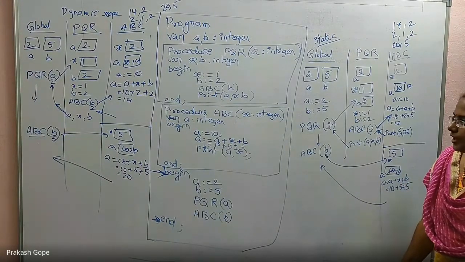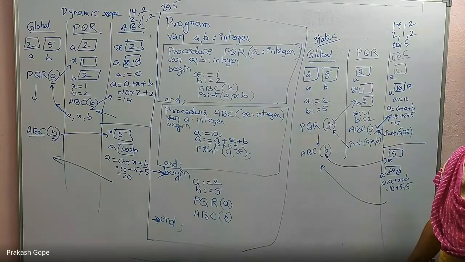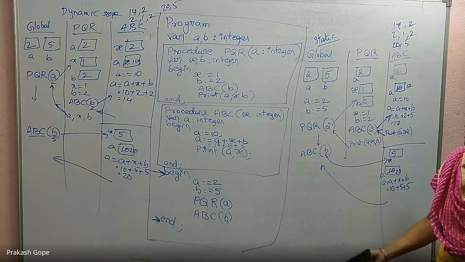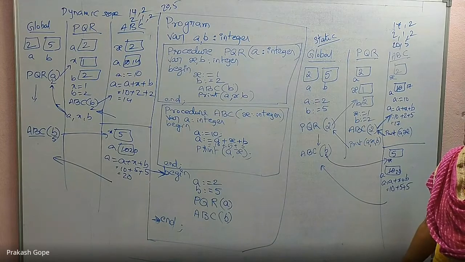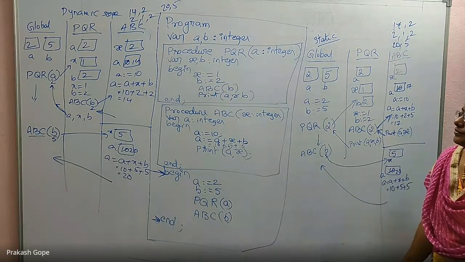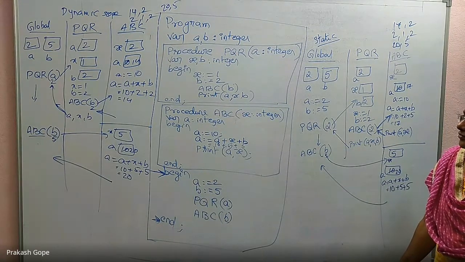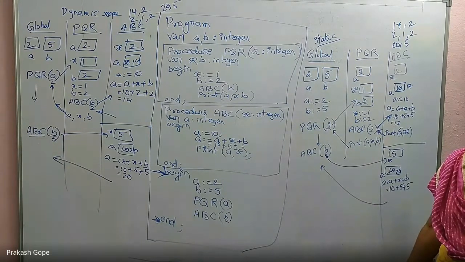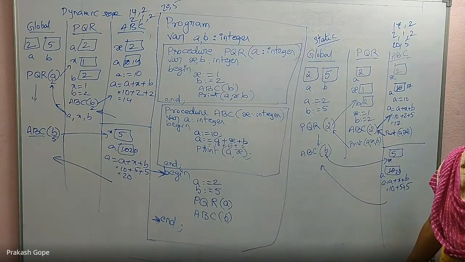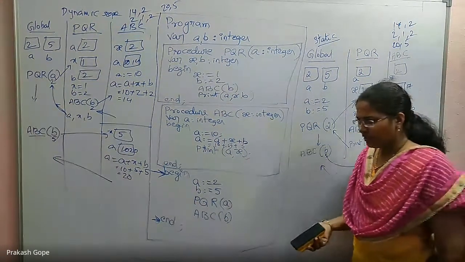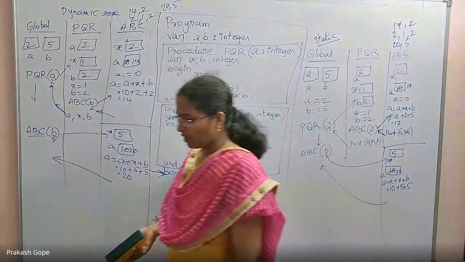Those who are targeting GATE must know dynamic scope also, but if your target is not GATE, only campus placements, then static scope is enough. But as I told you, DSA will be very helpful for your campus placements also. Recently, I have seen some questions in an online exam.